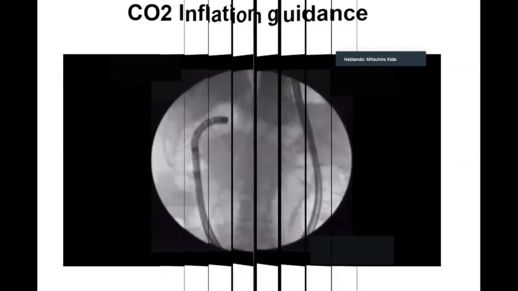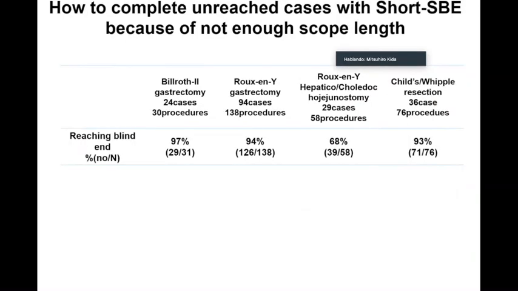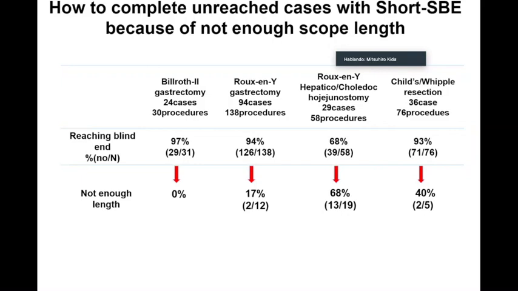So this is our result. The rate of reaching the blind end is a little bit lower in the Roux-en-Y without gastrectomy cases, 68%, compared to the other groups, where we can reach the blind end in more than 90%. The reason is mainly not enough range with the short-type SBE.